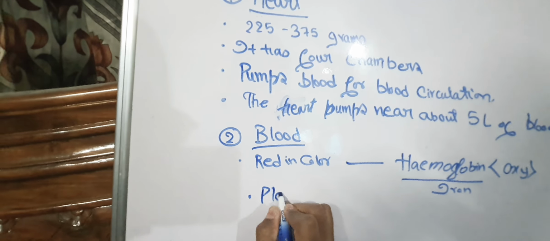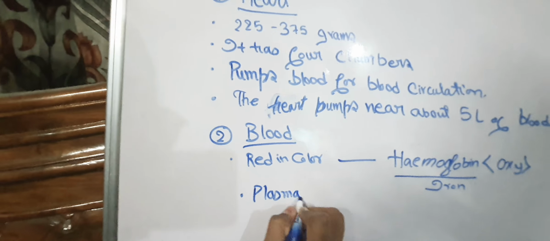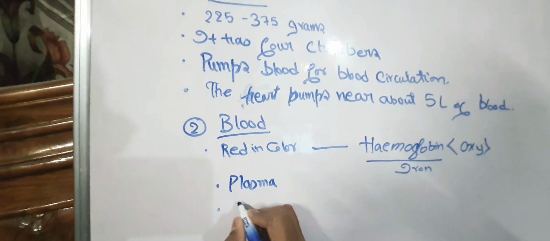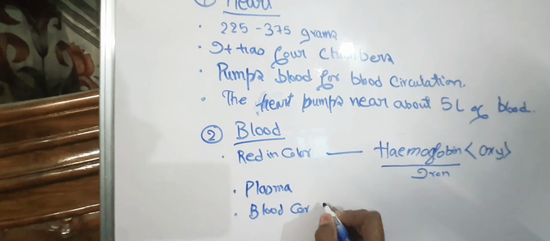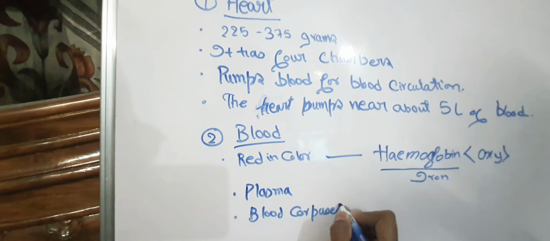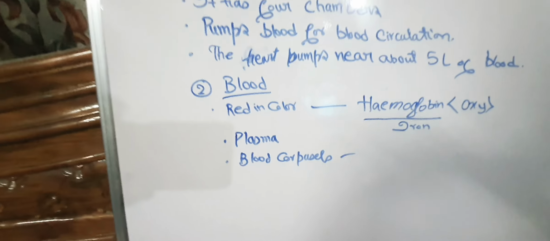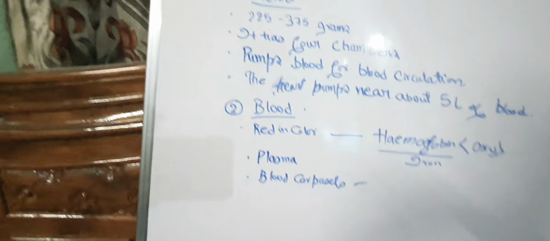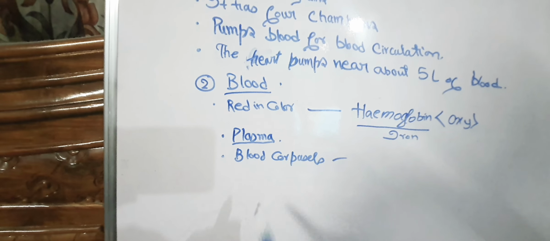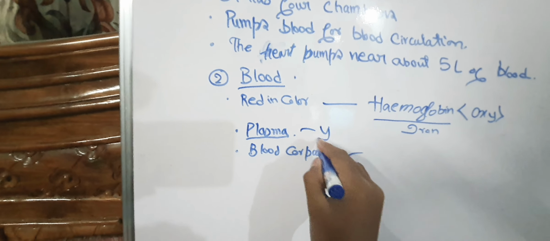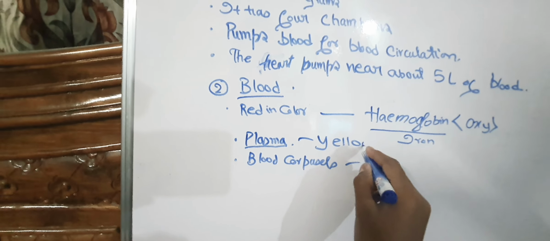Blood is mainly composed of plasma and blood corpuscles. What is it? Blood corpuscles refers to the part of the blood which contains cells. Plasma is a dense liquid which is yellow in color.